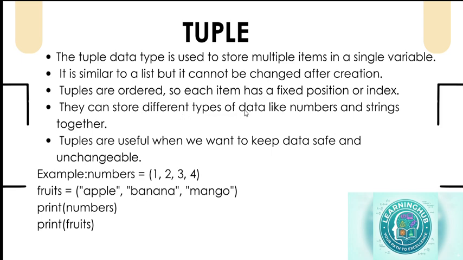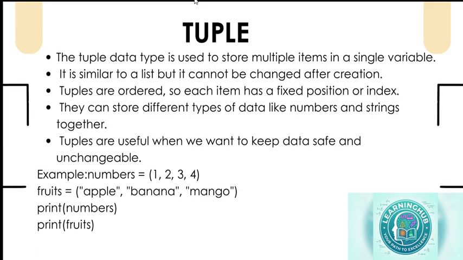They can store different types of data like numbers and strings. Tuples are useful when we want to keep data safe and unchangeable. We write a tuple in round brackets: 1, 2, 3, 4, and fruits as strings in round brackets. Print numbers, print fruits. It will print 1 2 3 4, and apple, banana and mango. We use tuples when we want to fix data that should not be modified.